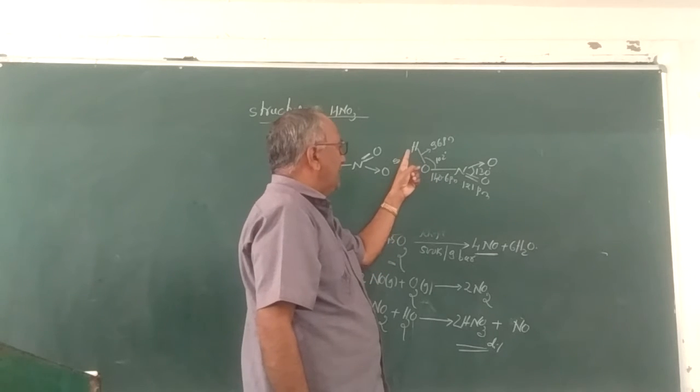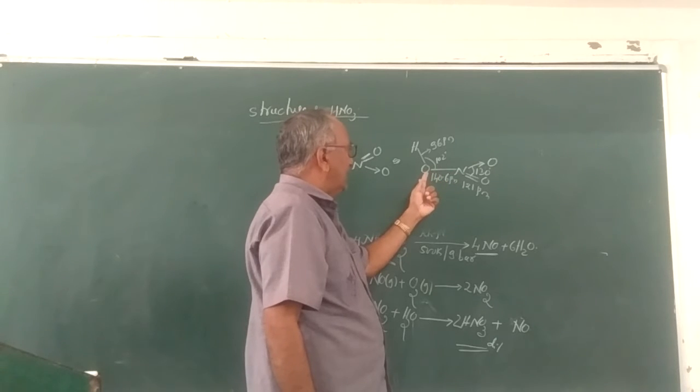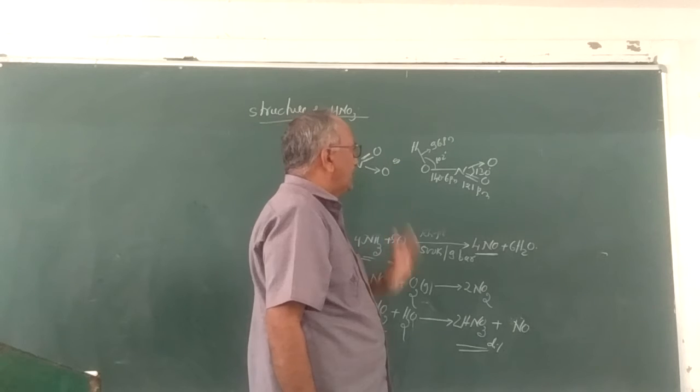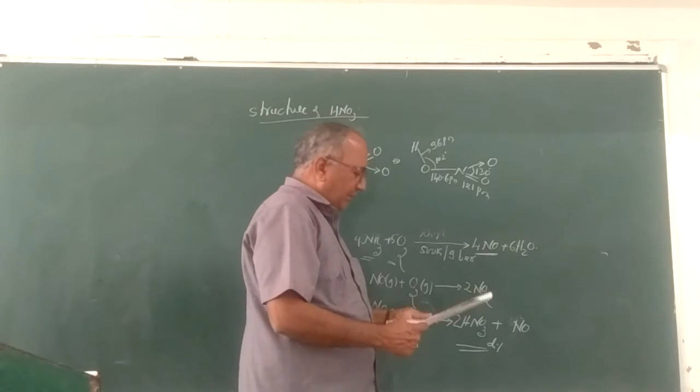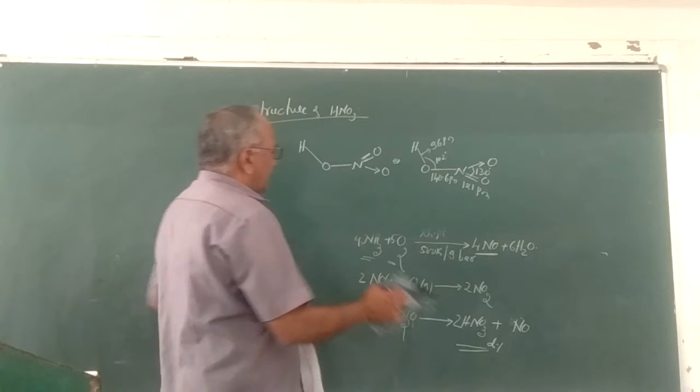The bond length between hydrogen and oxygen is found to be 96 picometer. So this is about the structure.